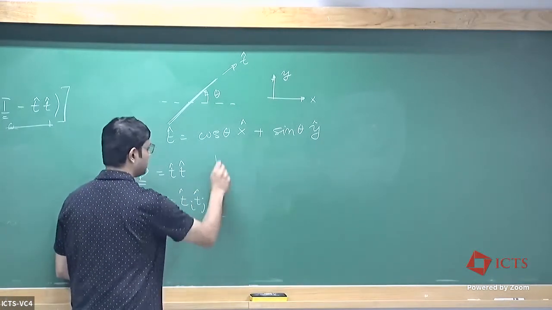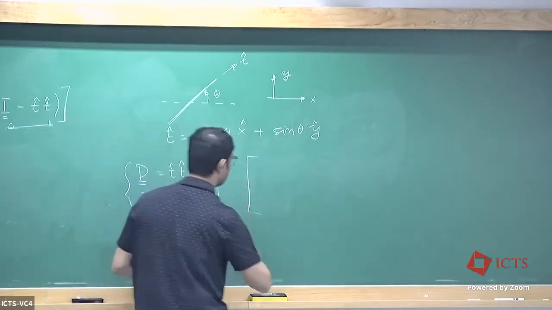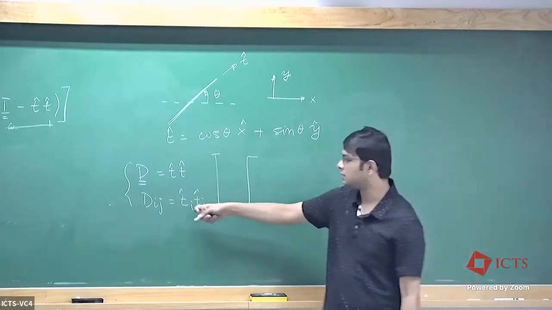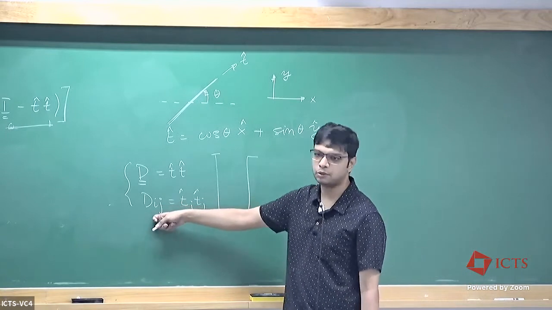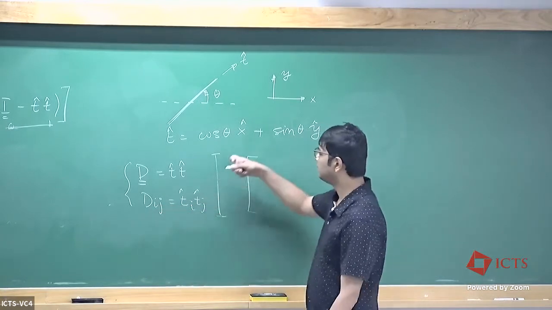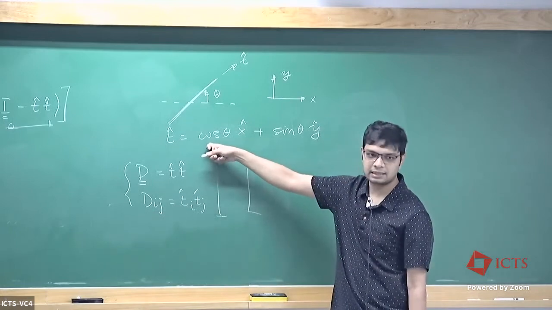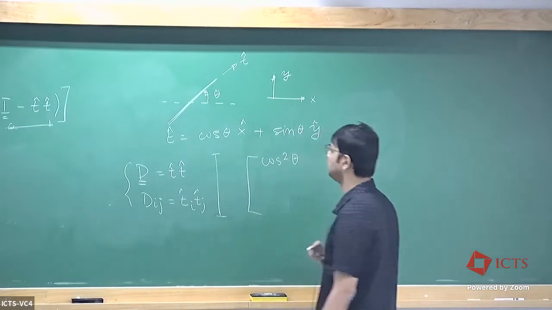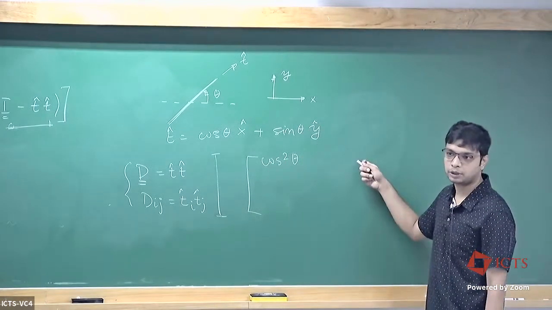How will I construct this matrix? Dij, if I put i equal to 1, j equal to 1, like dxx, that is tx squared, so that should be cosine square theta, right? What about the xy component?